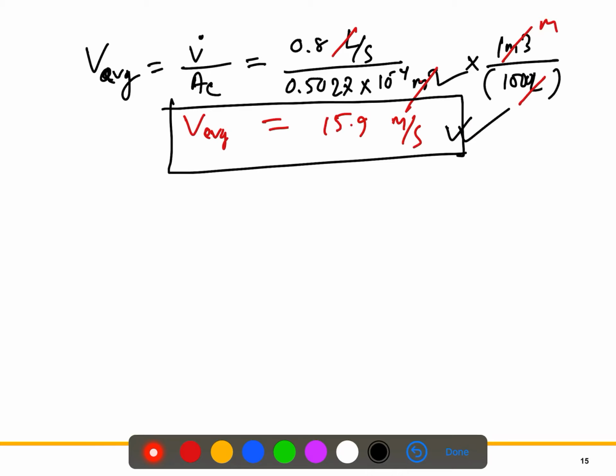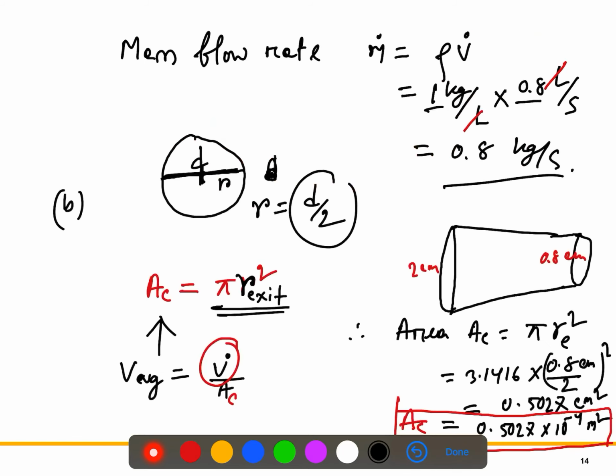I just keep this question for you, and you think and see how we can solve this. This sort of modification you can expect in the final exam or in the next quiz. What I did here is pretty straightforward. We calculated the cross-sectional area, and then we used the formula for average velocity. So I think that's it.